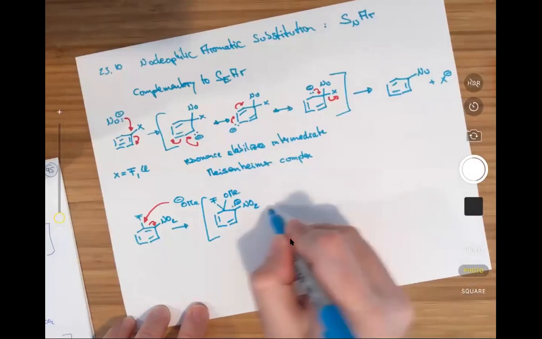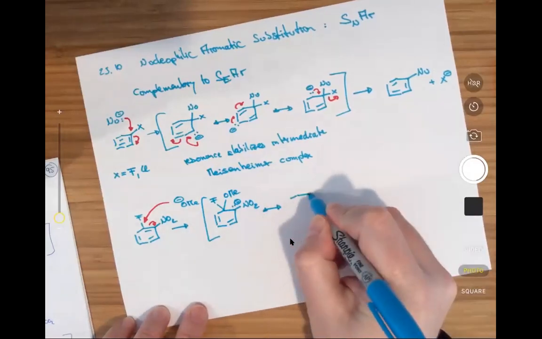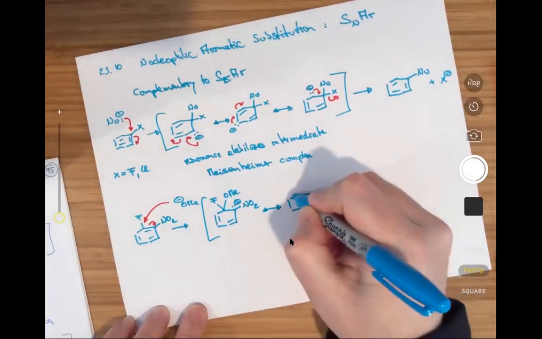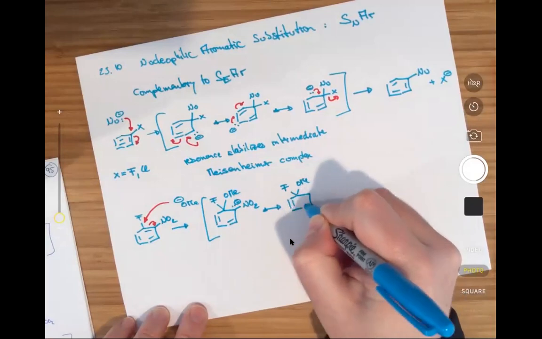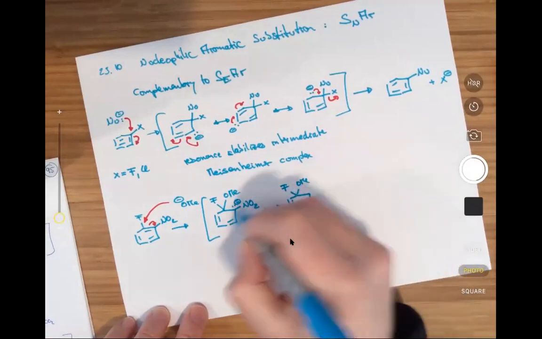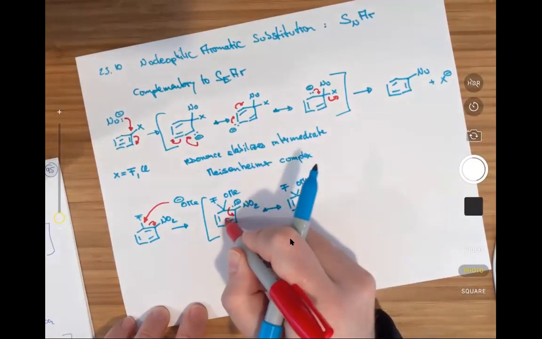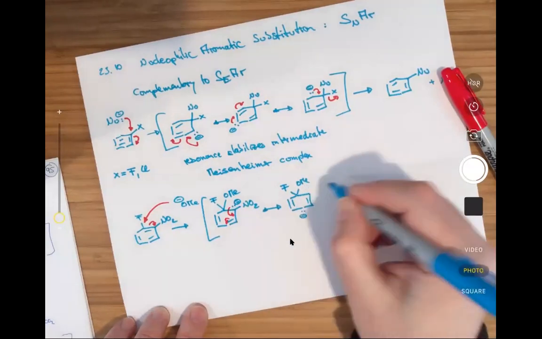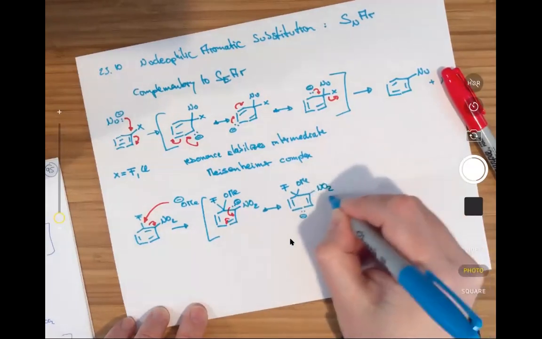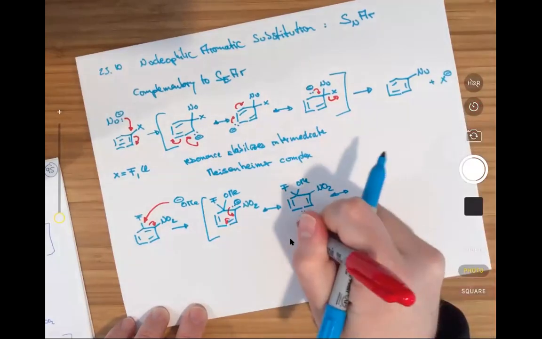So from here on, we can easily draw all the possible resonance structures as we have done previously. OMe. We would push these electrons in here and these down to the para position. So you end up with a negative charge here. And then we can do this one last time.